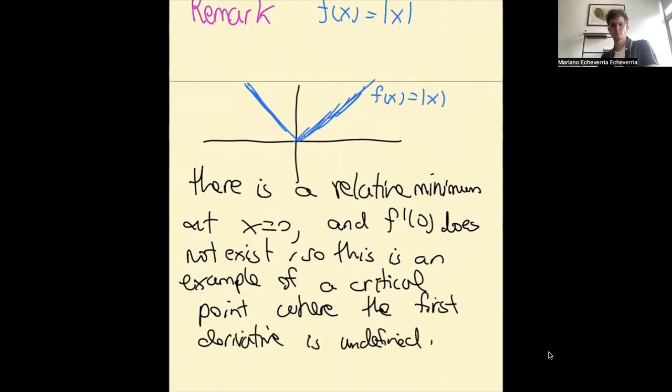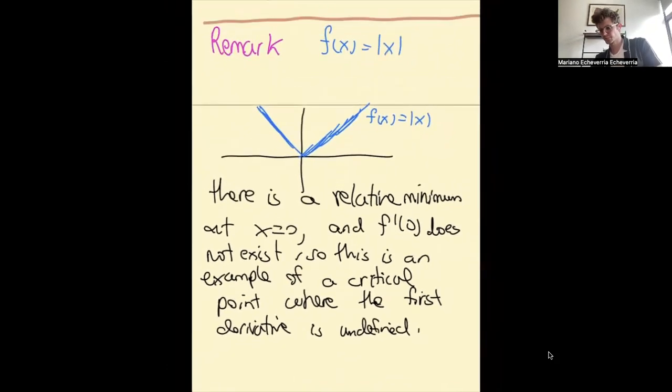So corners can be max or min, but at corners there's no derivative. So that's why you have to include them in the definition of a critical point.